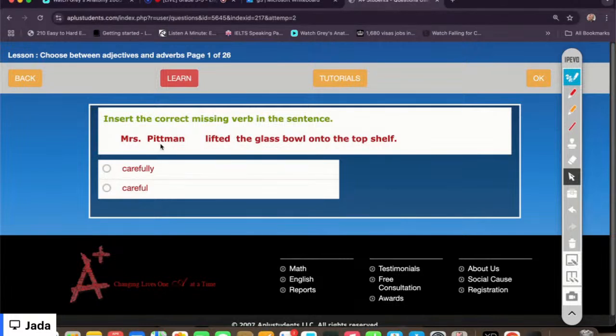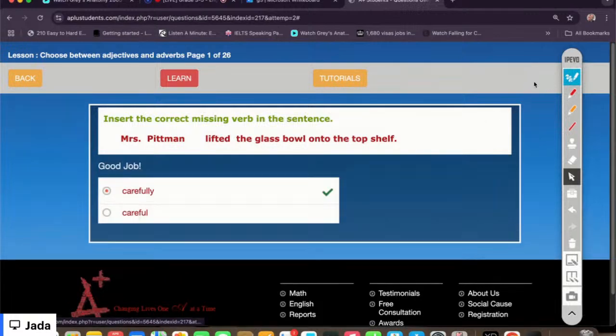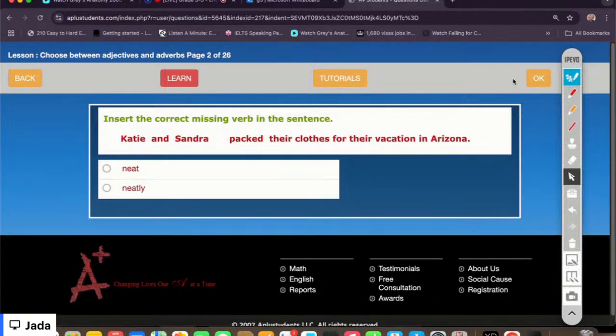Alright, so Mrs. Pittman carefully lifted the glass bowl onto the top shelf. So carefully. Alright, so we have Katie and Sandra dash pack their clothes for their vacation in Arizona. So neat or neatly.